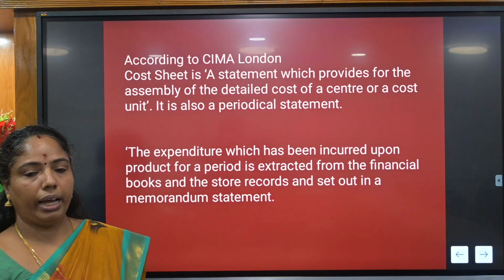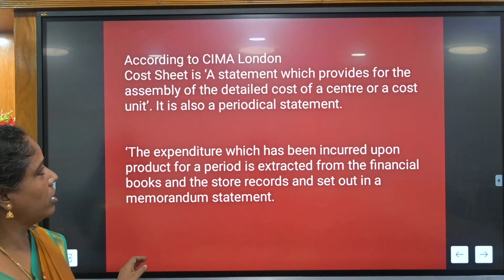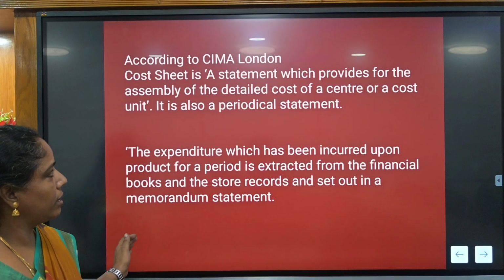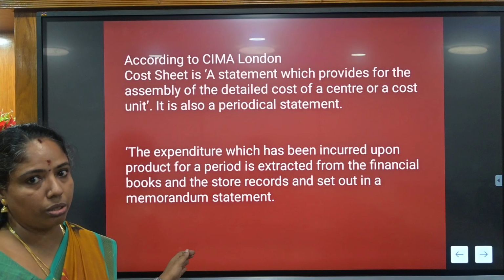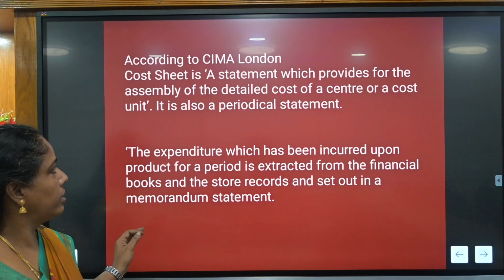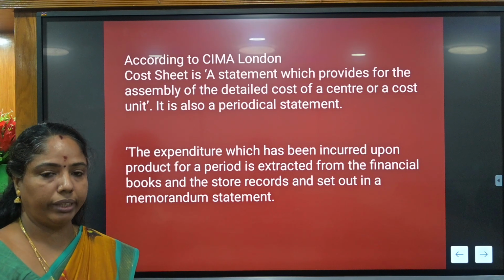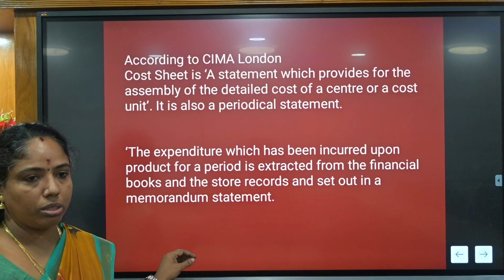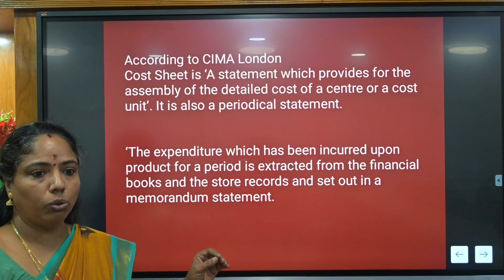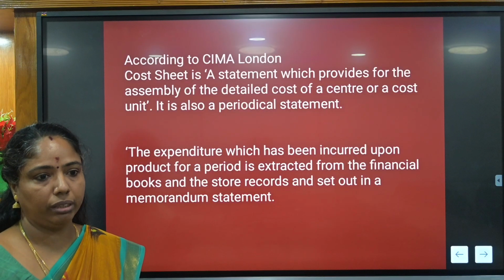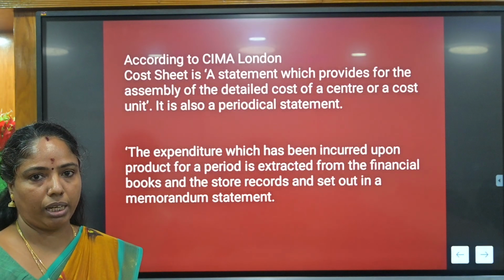According to CIMA London, cost sheet is a statement which provides for the assembly of the detailed cost for a center or a cost unit. It is also a periodical statement. So, cost sheet means the overall expenditure for producing a particular product, presented in statement form.